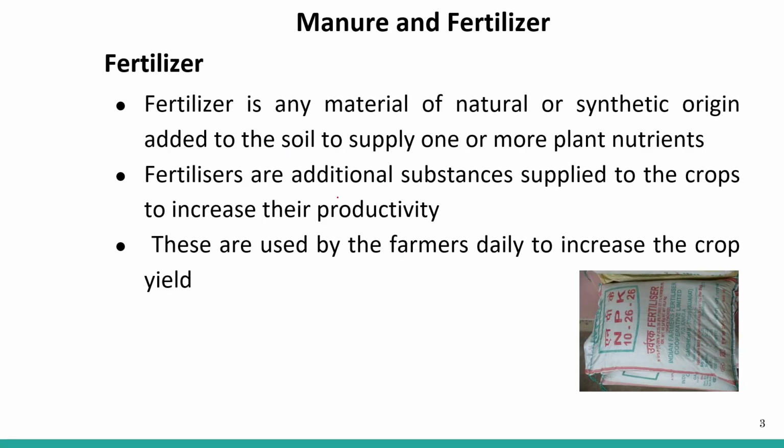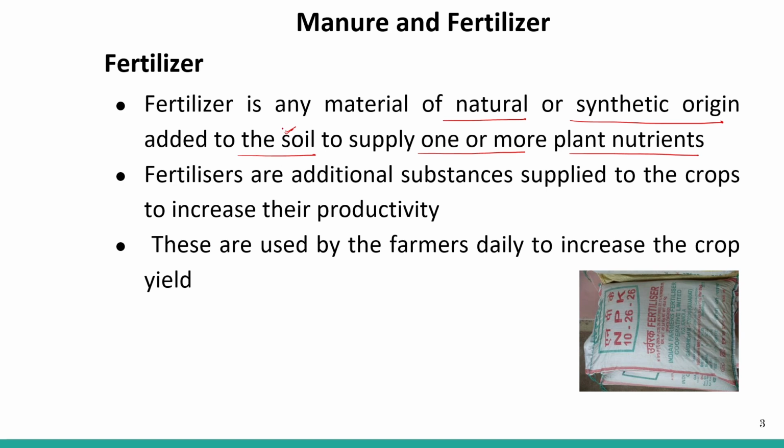So let us start. Fertilizer is any material of natural or synthetic origin added to the soil to supply one or more plant nutrients. So why do we add this material to the soil? Because sometimes the soil does not have all the required nutrients for the growing of the plants, right?